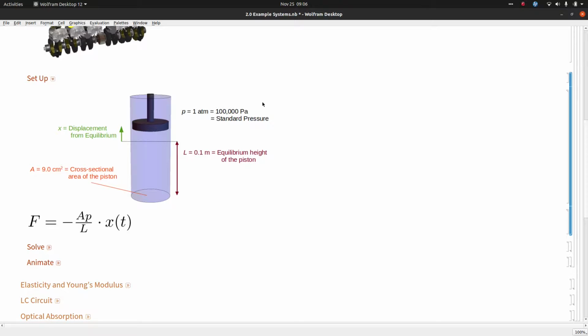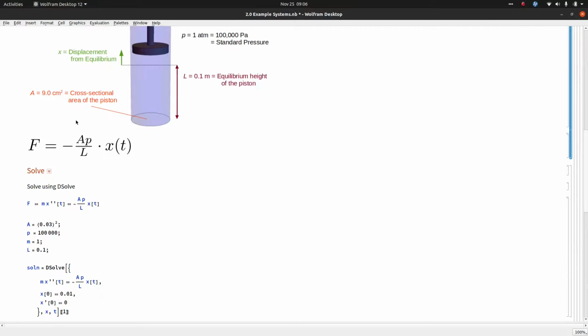Again, we have some pressure, which for convenience, I'll just take to be atmospheric pressure, which is 100,000 pascals. And the cylindrical container has some cross-sectional area A. If you work out the restoring force on the piston when it's displaced from equilibrium, that force will be, excuse me, it will be minus the area times the pressure divided by the equilibrium height, and then times the displacement.